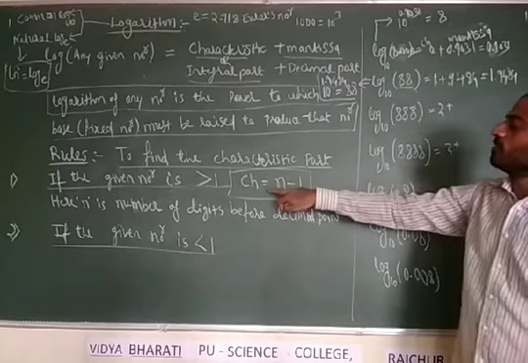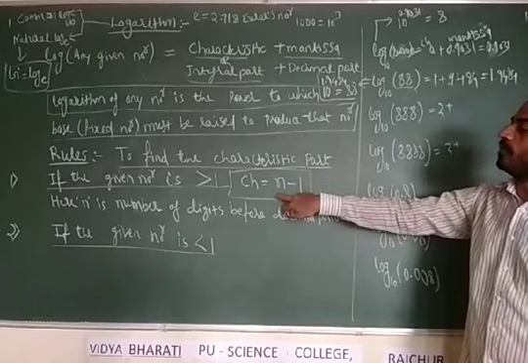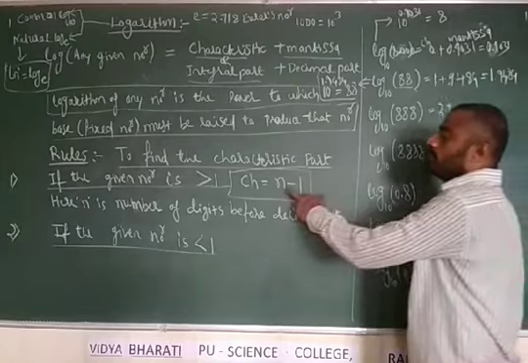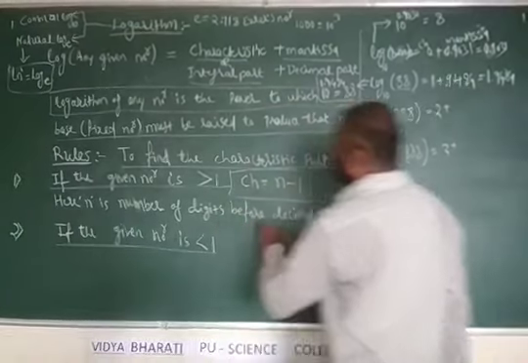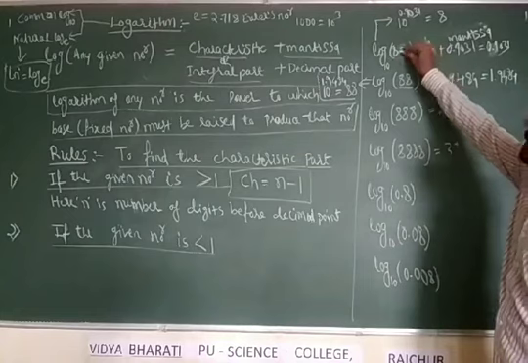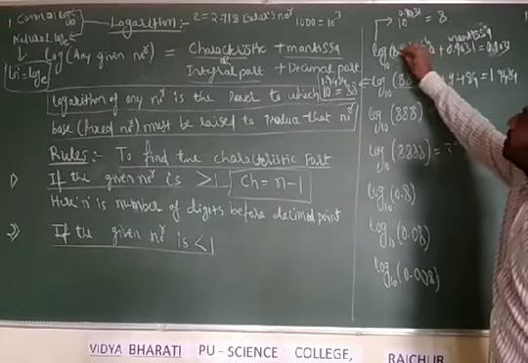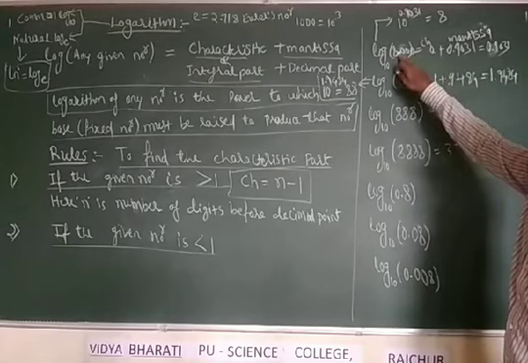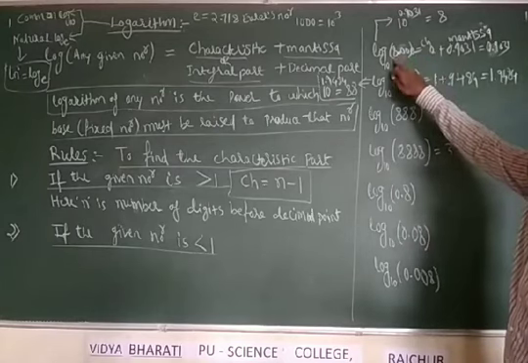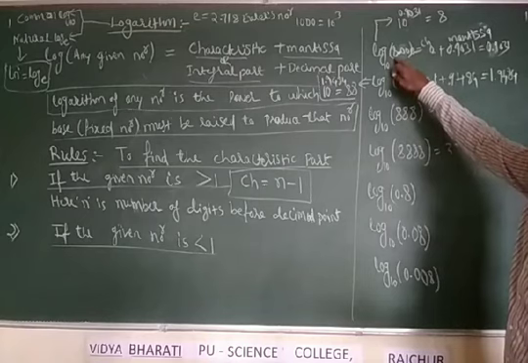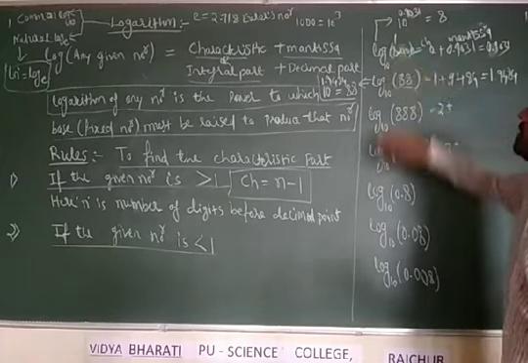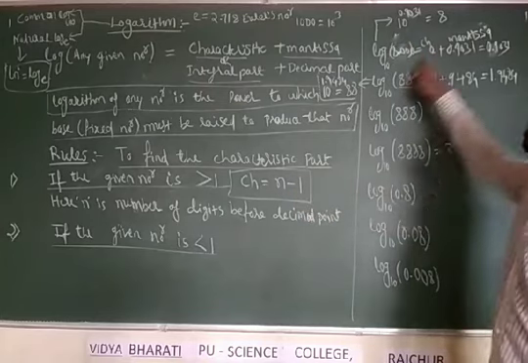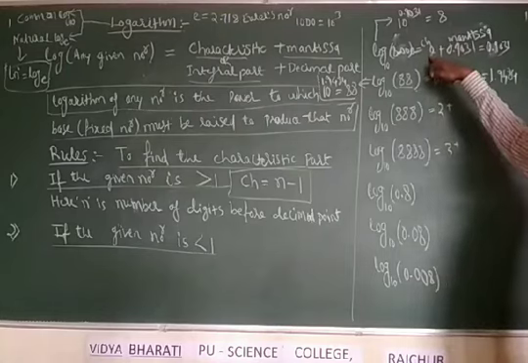Then make use of this formula. What formula is there to find its characteristic? n minus 1. What is n there? n is the number of digits before the decimal point. 8 is written as 8.000. Before this decimal point, how many digits are there? Only one digit, 8. Then n is equal to 1 here. 1 minus 1 is 0. That's why its characteristic is 0.